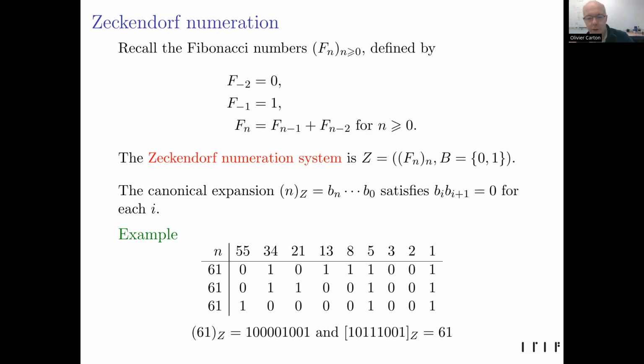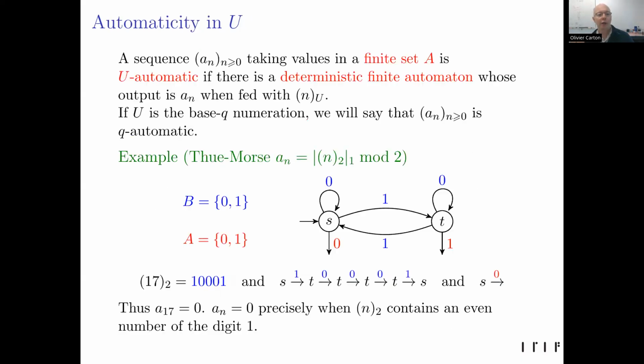Now that we have defined this numeration system, we can start with automatic sequences. It's a well-known definition. A sequence taking values in a finite set is called U-automatic for a numeration system U if there is a deterministic automaton which, if fed with the canonical expansion of n, gives as output the value of a_n.